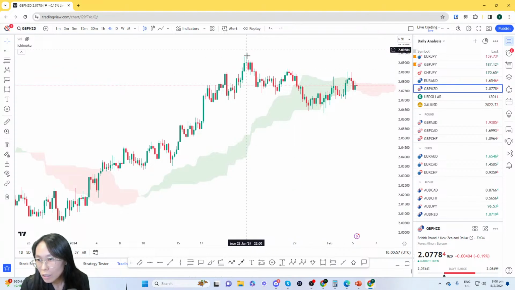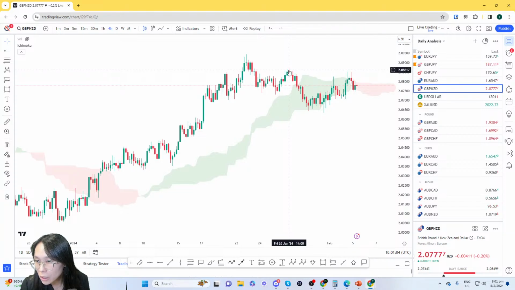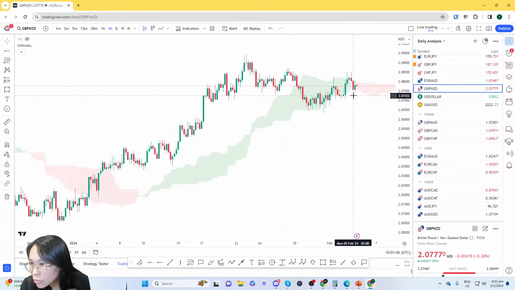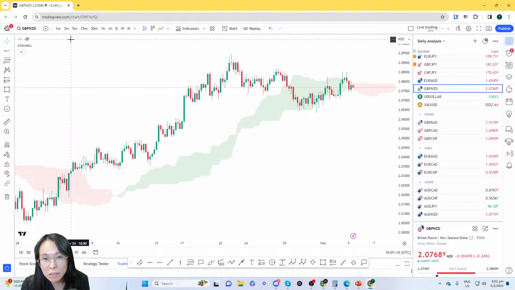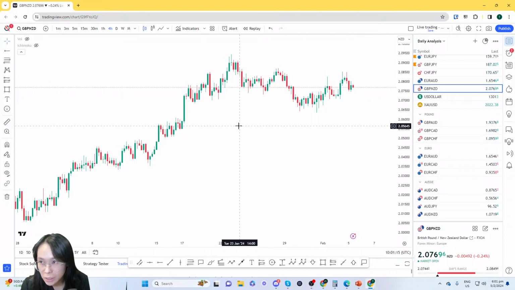It is kind of bearish. It has made a lower high and not really a lower low, so it's still a bit undecided. But let's look at some of the key support and resistance levels first.